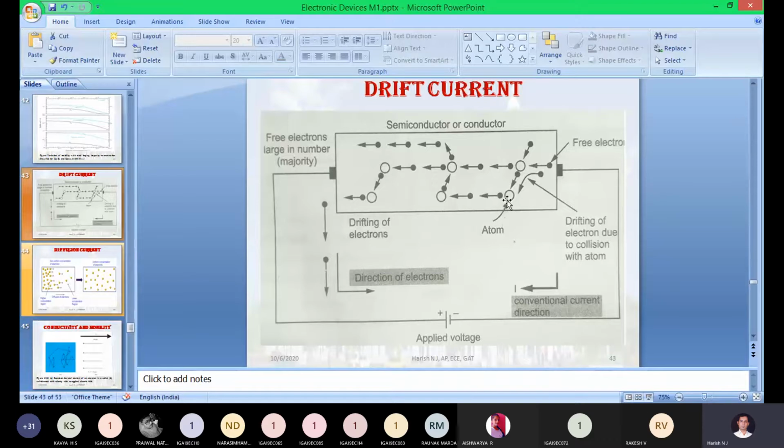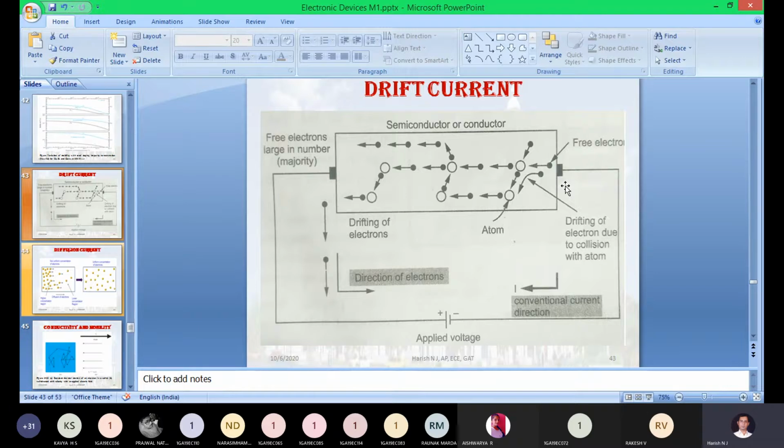But due to the applied electric field, even when the kinetic energy becomes zero, the attractive force of the positive terminal of the supply will start attracting the diverted electron. Do you understand? Diverted electron means that once the electron collides with an atom, it deviates towards the top, the bottom, or in the reverse direction.